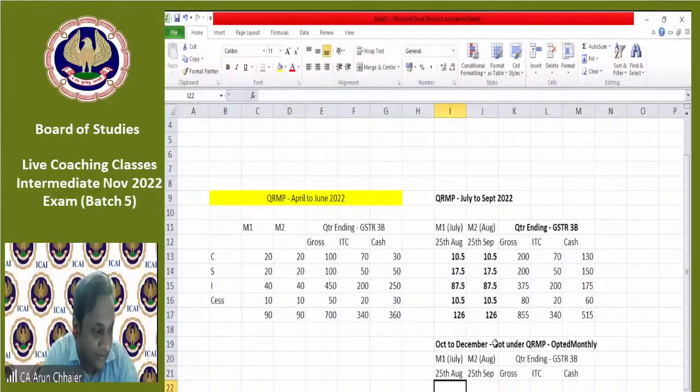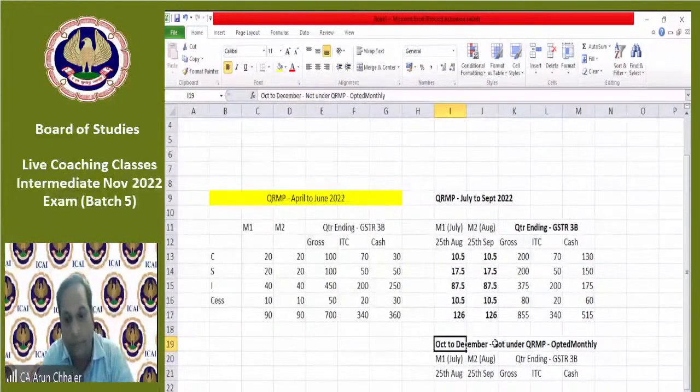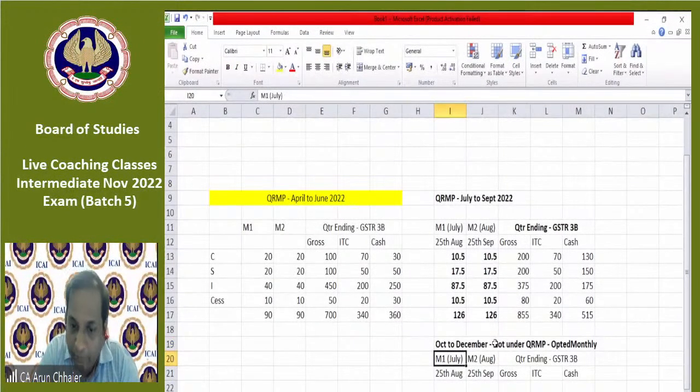Is it the fixed sum method, 35%, or something else? If in October to December I am not under QRMP and have opted monthly, in that case what happens?